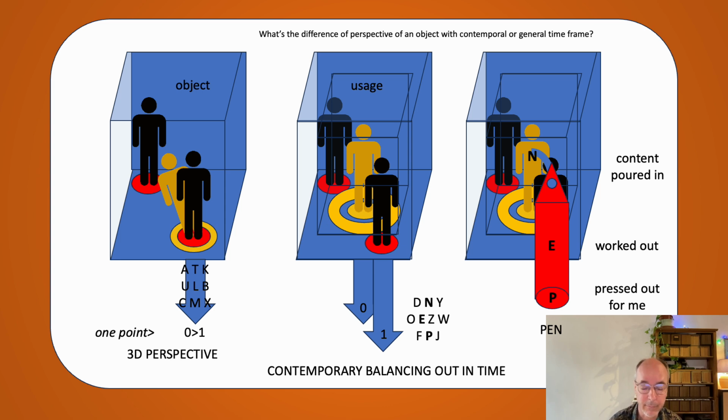So we will try to show you the difference between a temporal usage and a general usage. Temporal usage is between two different opinions, two different people, what we now use, and we want to use it now in a way that it is practical. And I will use for it some of the letters that I have in that second level, and I will use a letter from each level, P, E, and N. I have the word pen.